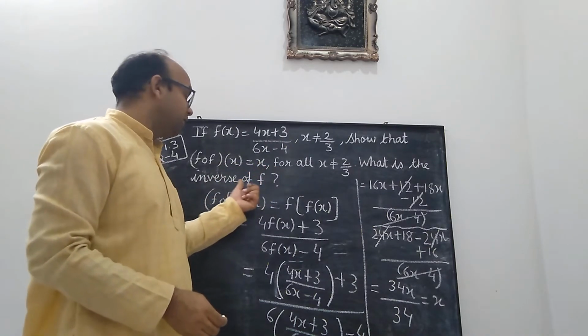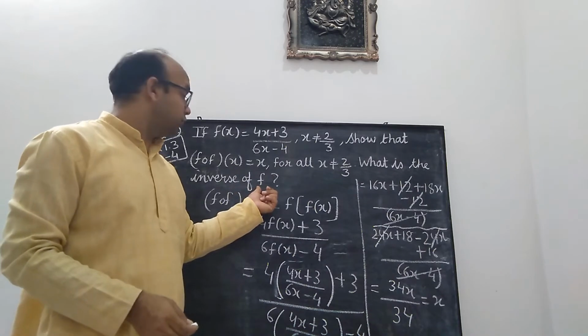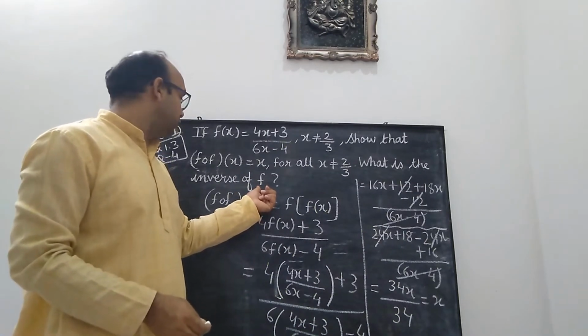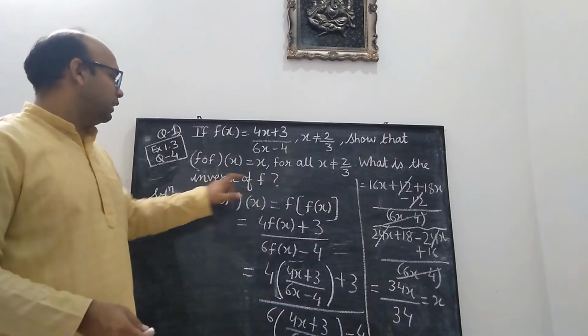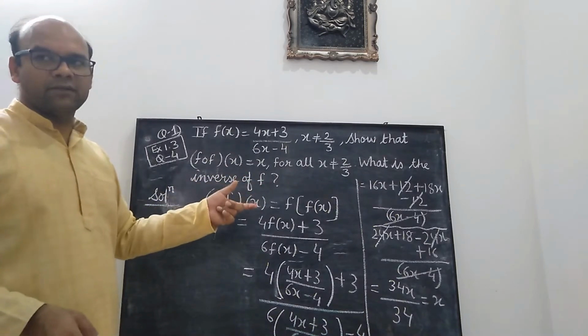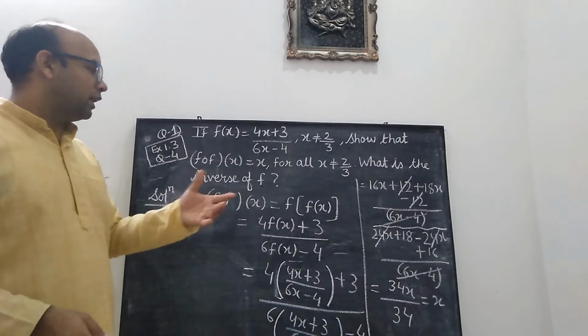Now to find the inverse of f, we use the concept of the inverse and the definition that a function f is invertible if g of f(x) equals x and f of g(x) equals x.